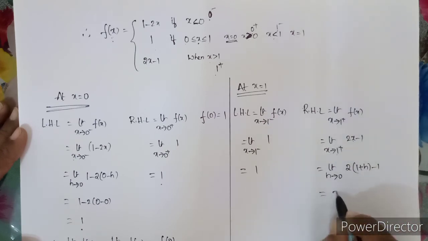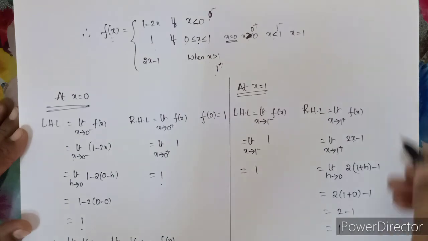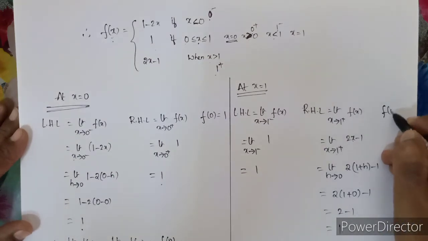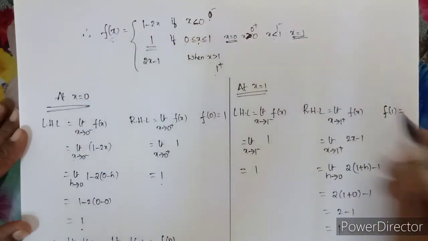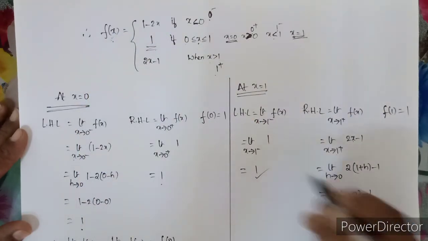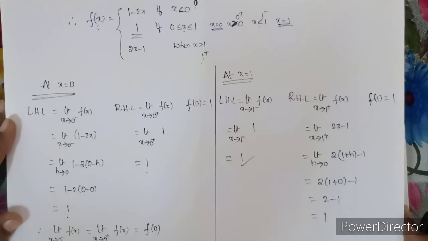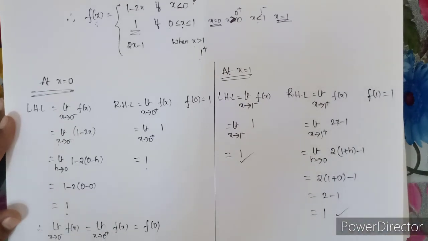Put h equal to 0. So 2 minus 1, 1. Next, last one, f of 1 we see. At x equal to 1, f of x equal to 1. So left-handed limit 1, right-handed limit 1, f of 1 equal to 1.